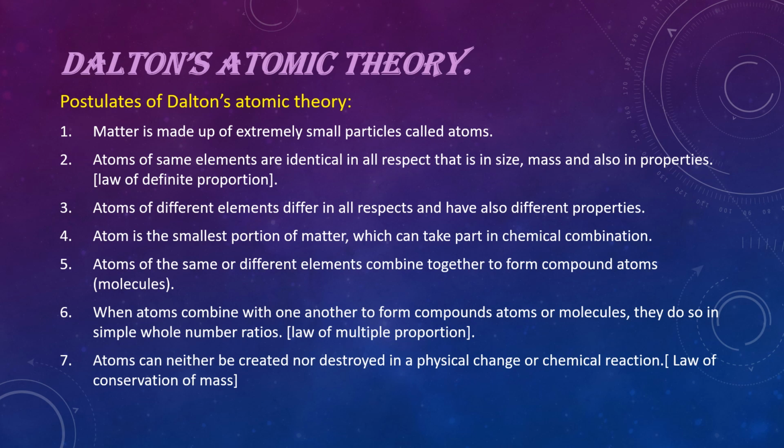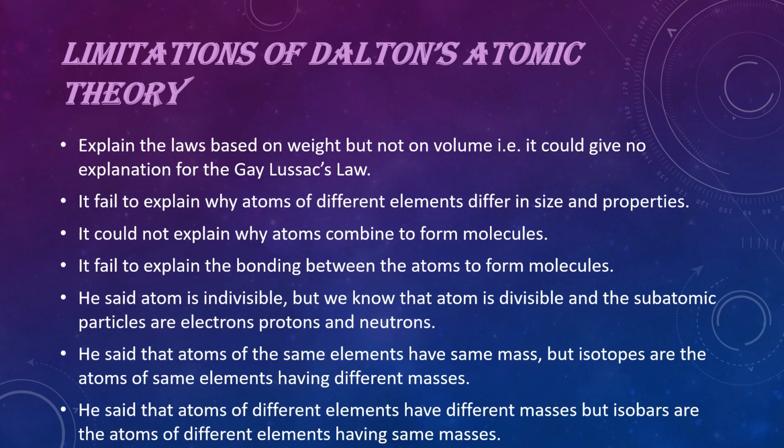When atoms combine with one another to form compounds or compound atoms or molecules, they do so in simple whole number ratio. This postulate proves the law of multiple proportion. Last is atom can neither be created nor be destroyed in a physical or chemical change. This postulate proves the law of conservation of mass.